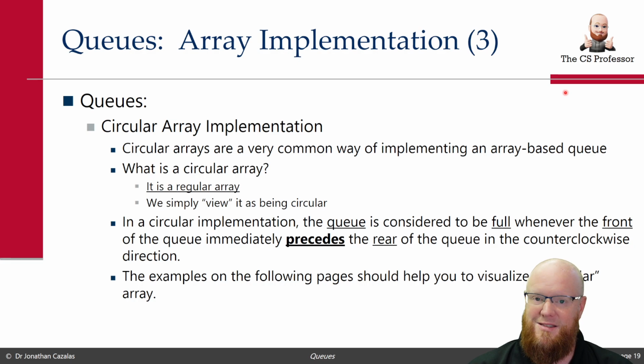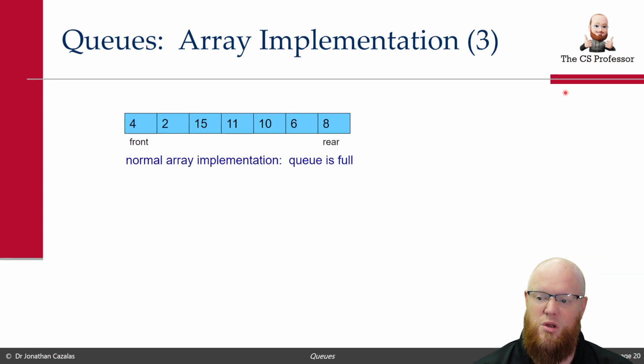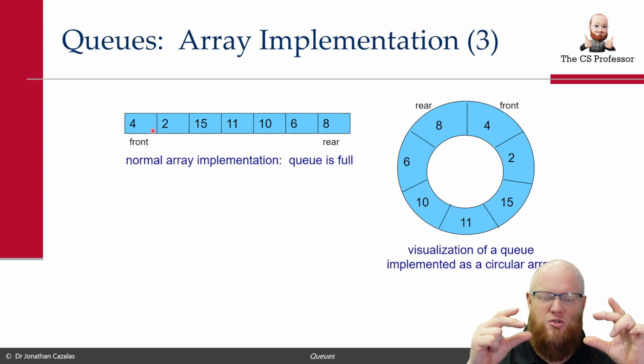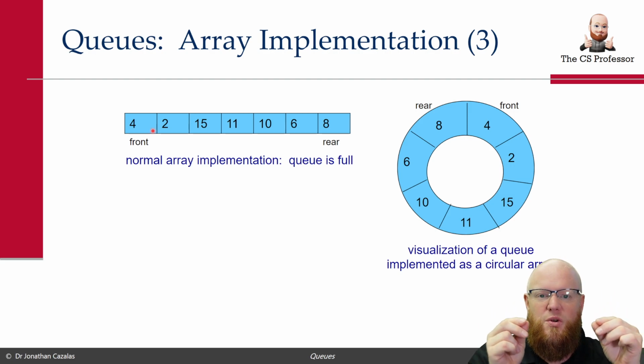So I'm going to show you that same example again, and I'm going to let you get this visual of what a circular array is. Here we have the normal array implementation. We can see that the queue is completely full. Here is that circular array implementation where we have the array, and imagine instead of being one solid rectangular structure, each of those cells were flexible.